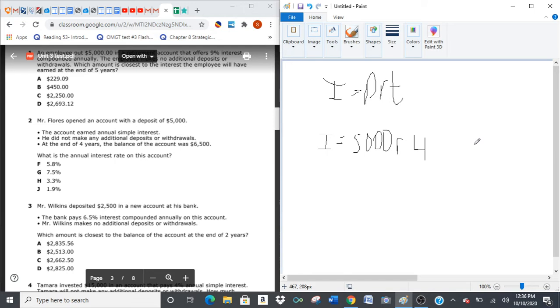So if we have the balance and the principal, we just need to simply subtract. So we're subtracting 6,500 minus 5,000. And that gets you 1,500. So we have 1,500 as our interest. And you could ask yourself, does this make sense? Yes, because our interest is less than the principal.